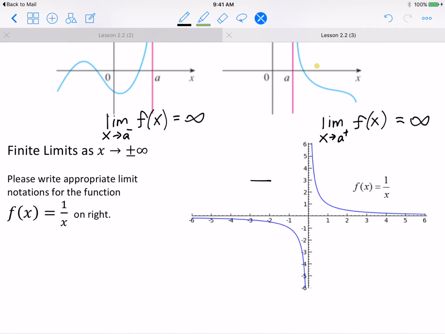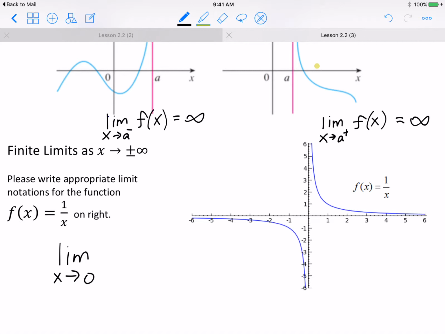You could stop the video and try to write appropriate limit notations for the function described with this graph right here. And then here are the answers that I will give you.